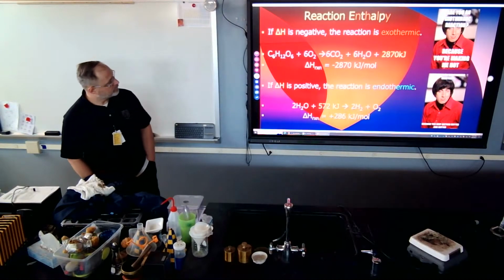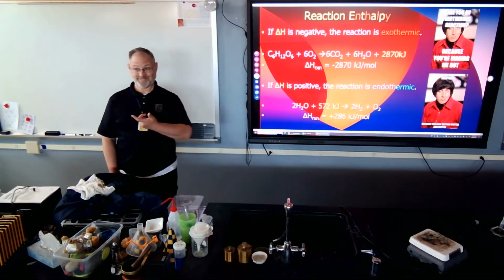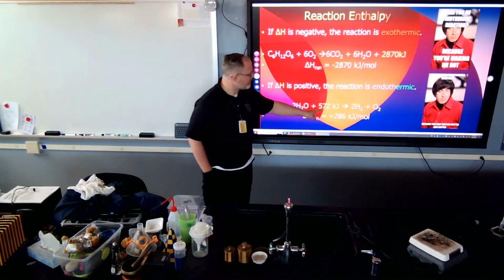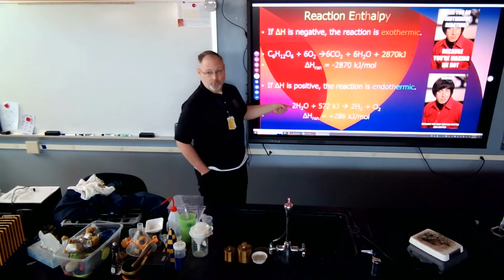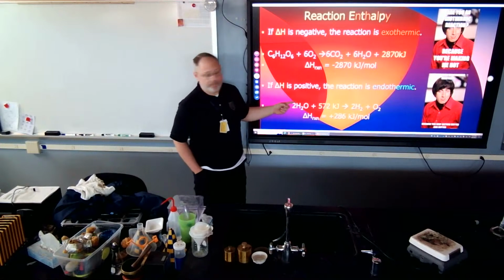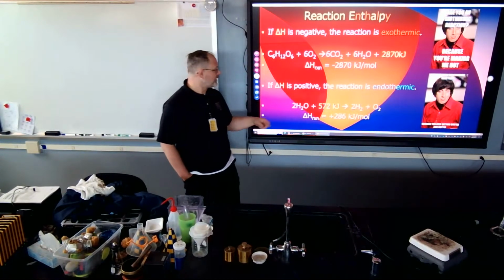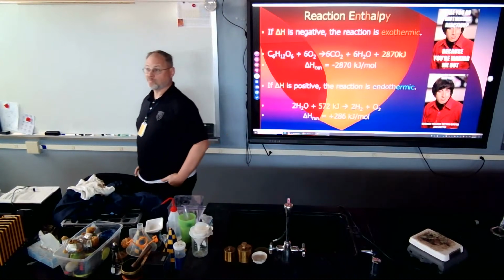Do you see why this number is half this number? Yeah, because there's two. 2 moles of water requires 572 kilojoules. That means to break down 1 mole of water, it's going to require 286 kilojoules.